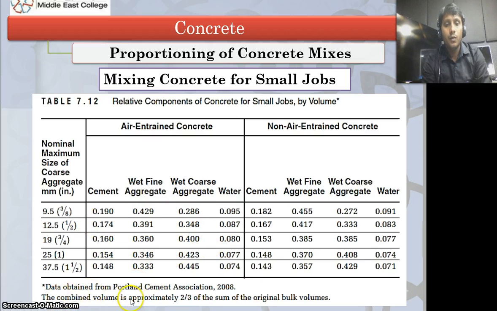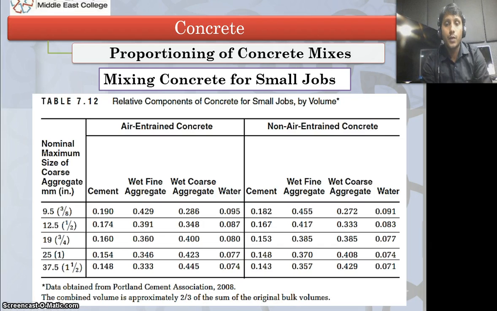The combined volume is approximately 2/3 of the sum of the original bulk volumes. As there is some bulking of the materials, we have to assume this. Remember this line and try to understand it, which is helpful for us.